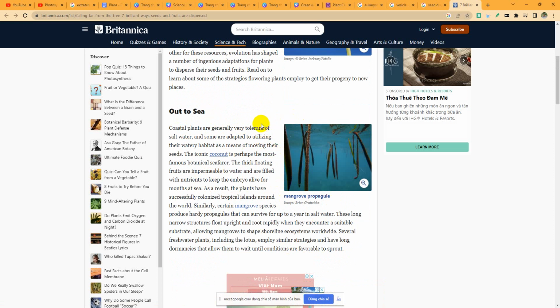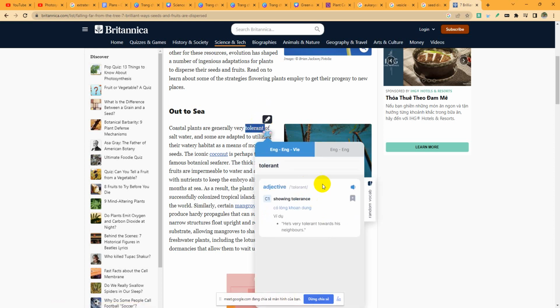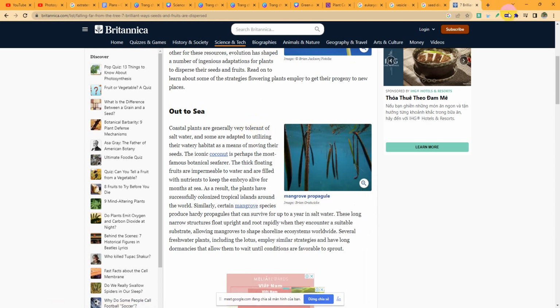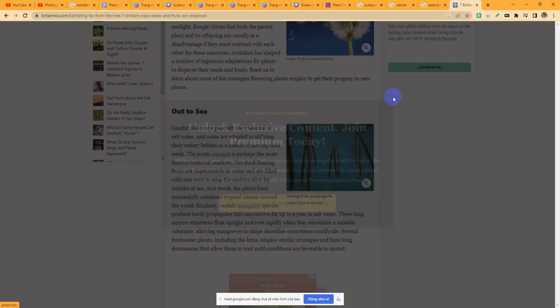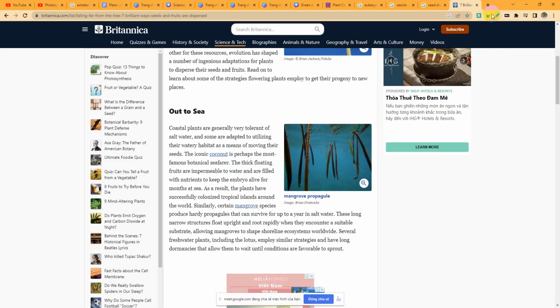So some new words here actually. First we have tolerant. Basically, we have this very cool app I've just installed a few days ago, and it's so useful and brilliant.